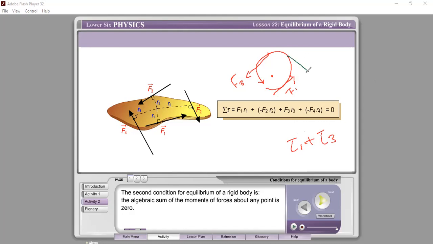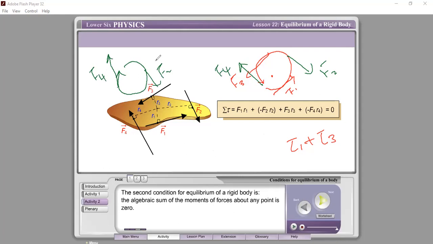We notice that F2 is in this direction, F4 in this direction. That means F2 and F4 form a direction like that. So this will be the F4 direction, and this will be the F2 direction.